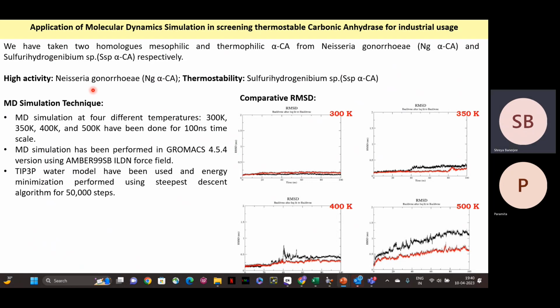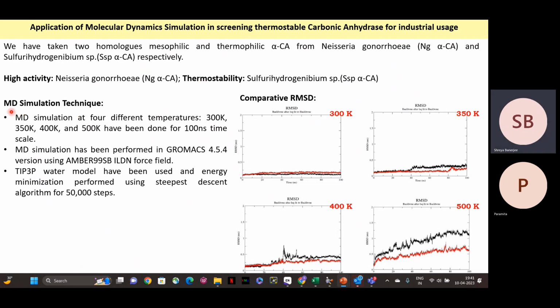So if a certain number of CO2 molecules are taken, it will convert most of them to HCO3 minus. And the other is from the Sulfurihydrogenibium species, or SSP alpha CA, that has high thermostability. That means it is very stable under high temperature. So you actually need both these properties in one enzyme.